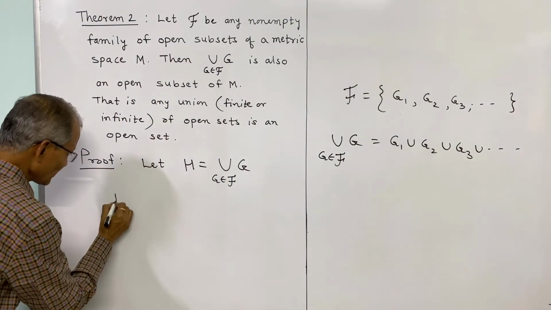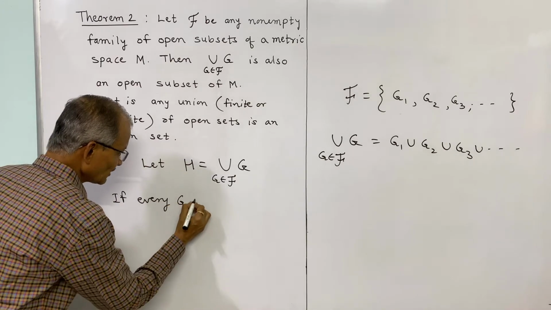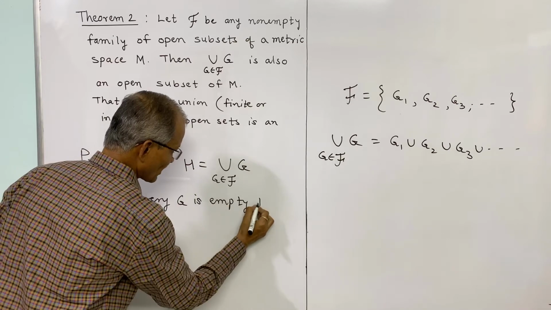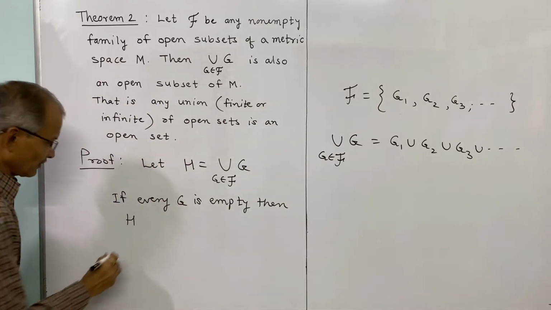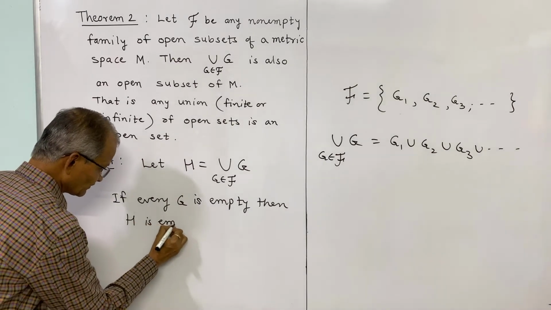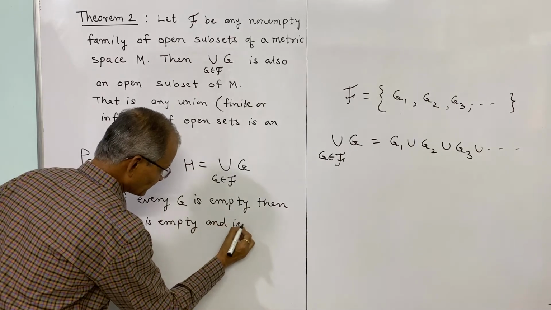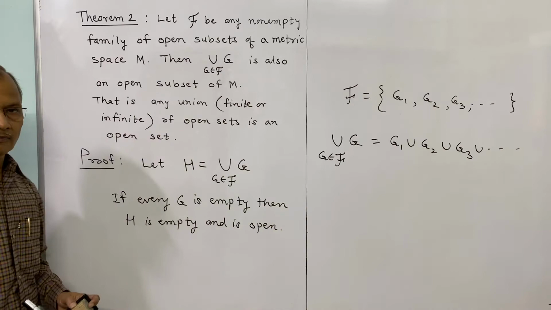If every G is empty, then H is empty and is open. This follows by the first theorem.